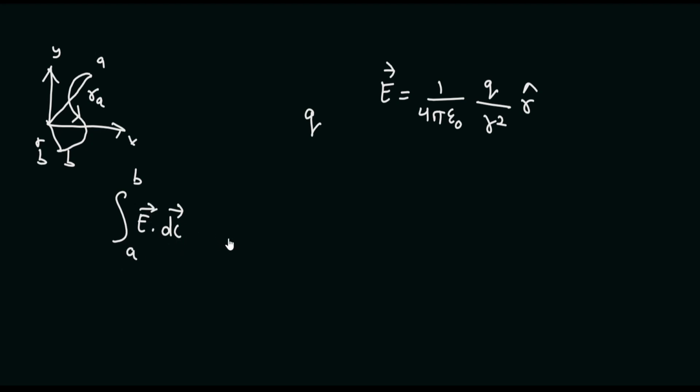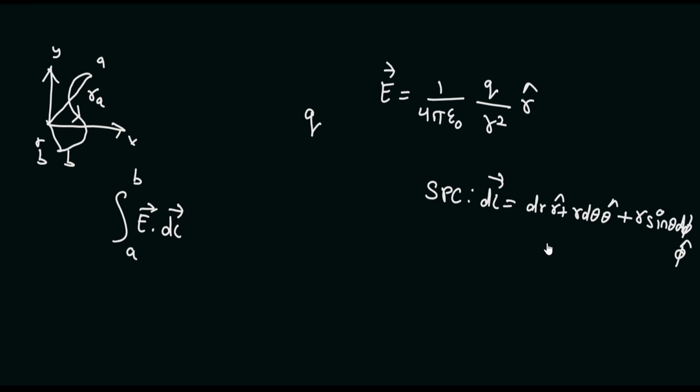We will make use of spherical polar coordinates, and a line element in spherical polar coordinates can be written as dr r cap plus r d theta theta cap plus r sin theta d phi phi cap. And we know that the electric field depends on r cap.